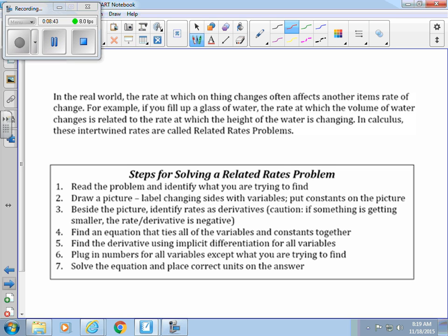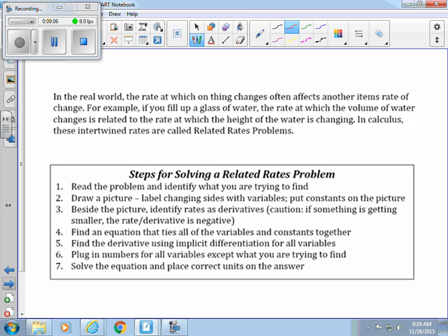So we're going to look at steps for solving a related rates problem. It is a word problem. So as you can imagine, the first thing we're going to do is read the problem, identify what we're trying to find, draw a picture, label variables. On the picture, put constants down. Don't put other quantities down on the picture, just constants.